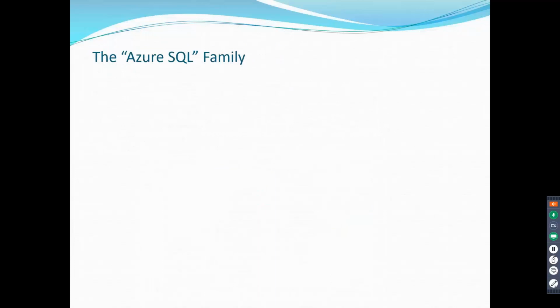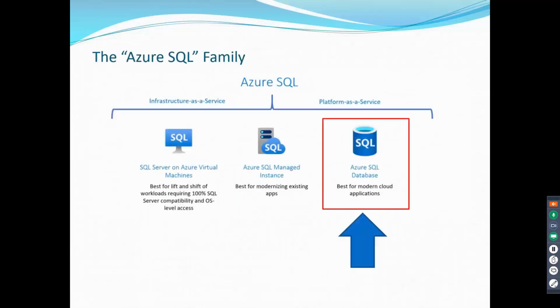So there's this term out there online which came about from Microsoft called Azure SQL, the Azure SQL family. And it's very similar to the previous slide. You've got the infrastructure as a service on the left, the virtual machines, then you've got the platform as a service on the right, which is what we will be talking about.